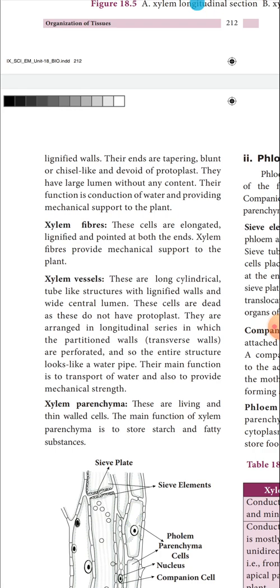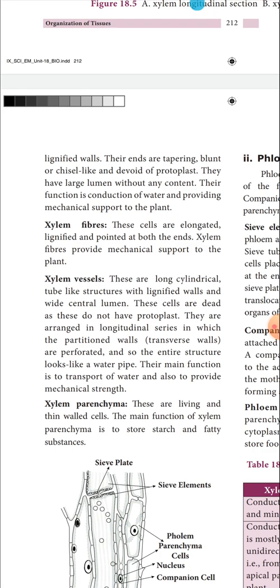This protoplast is differentiated into cytoplasm and nucleus. So the cell which has protoplasm in it is considered as what? Living cell. If the cell does not possess protoplast in it, then the cell is said to be what? A dead cell. So in that way, all these 3, xylem vessel, tracheid and fiber, since they lack a protoplast, are called dead cells. The parenchyma alone is called what?